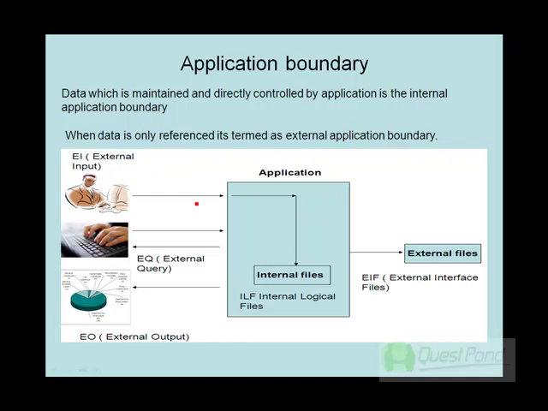For example, if the application is directly maintaining a file, or is in direct control of some database, or it can add, update, delete, modify that data, then we can say that those entities are inside the application boundary. When the data is only referenced, then it is termed as external application boundary. As I said previously, the payment gateway information or the credit card information.